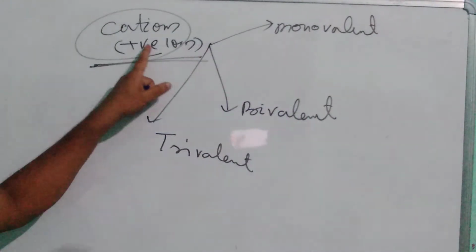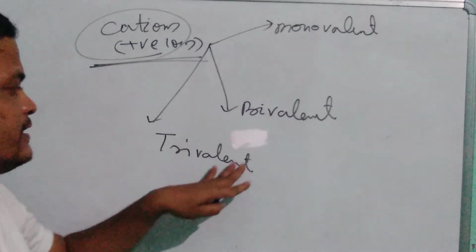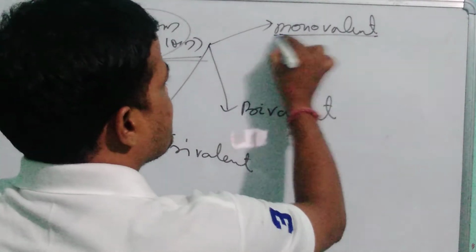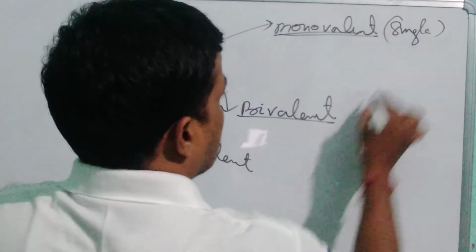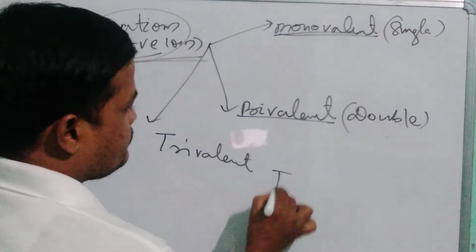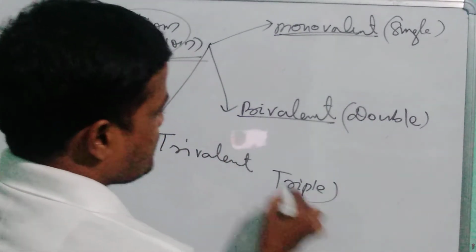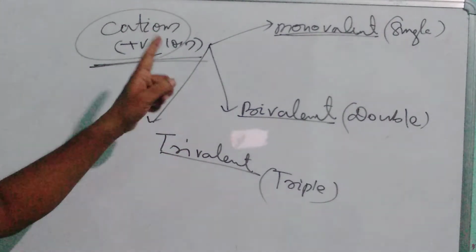These cations or positive ions are divided into three categories, having single charge, double charge, and triple charge. So these are the types of cations. Let us see the examples of monovalent.